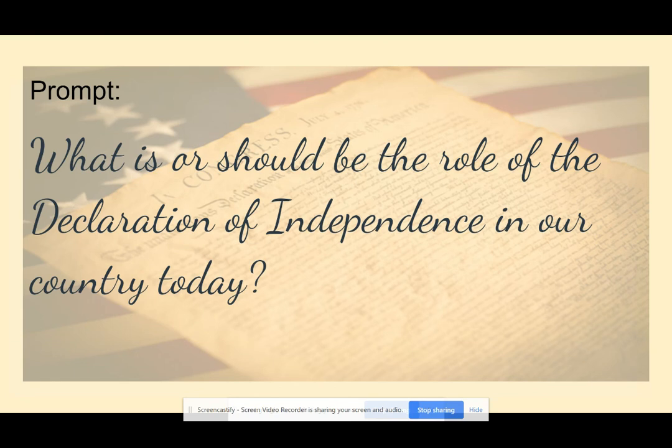So, okay, we want to make sure that the women are included, and I would think actually all people. Yeah, everybody. If they updated it to today's society, today's world, that would be a lot better.